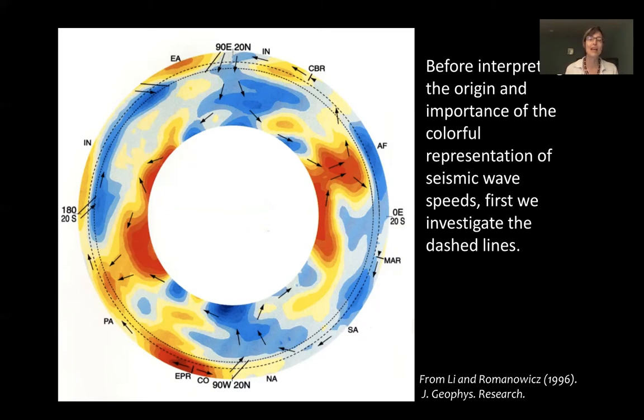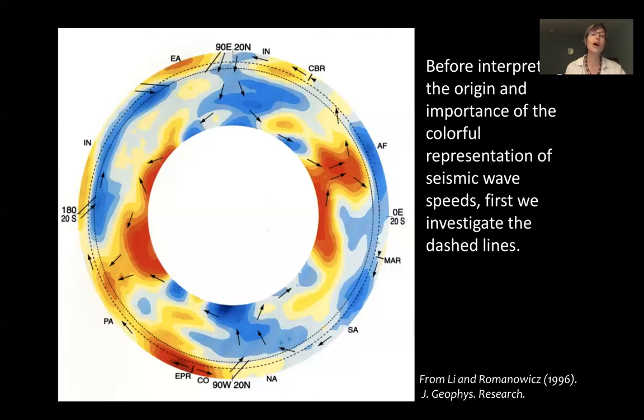We see that this image, which is a colorful representation of seismic wave speeds, where we have some intriguingly warm areas and some intriguingly cold areas, also has these two dashed lines, and these lines look as if they coincide with a rapid transition from one color to the other.